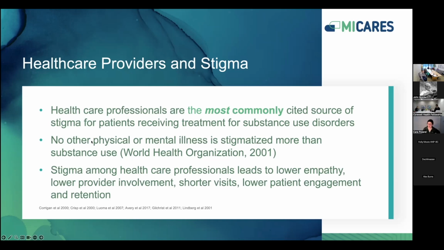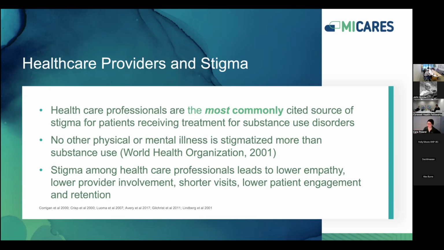And when we treat people and there is stigma involved in that care, we have less empathy for our patients. We are less involved with our patients. That story showed how many people in the system had lower empathy, didn't take the time to provide the patient with safe, appropriate, adequate transitions of care, maybe didn't spend enough time with the patient, got frustrated with the patient.